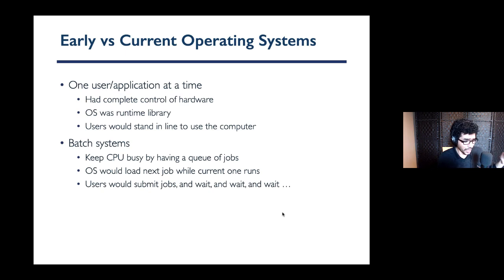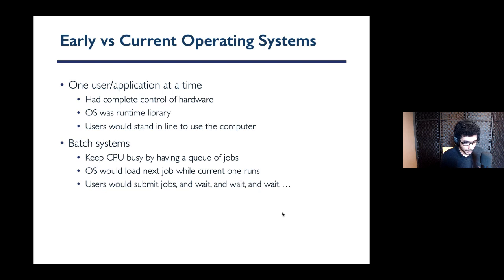After that, we got batch systems. The thing about the first model was that after one user would leave, the whole system would come down. The second application would be loaded, and then the system would get started and run that new application. But while switching between users, the entire system was idle, and that was wasteful.